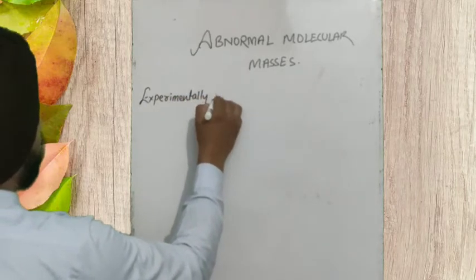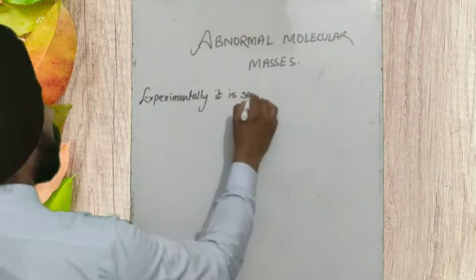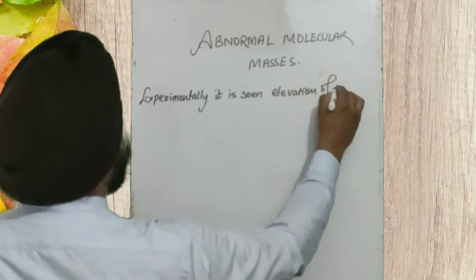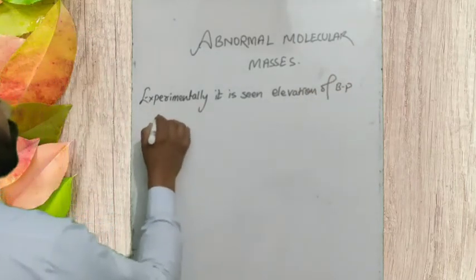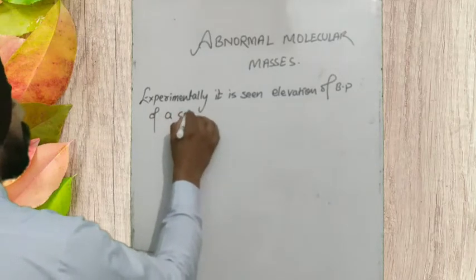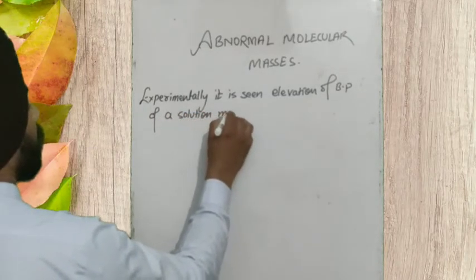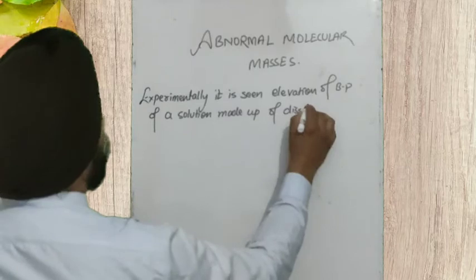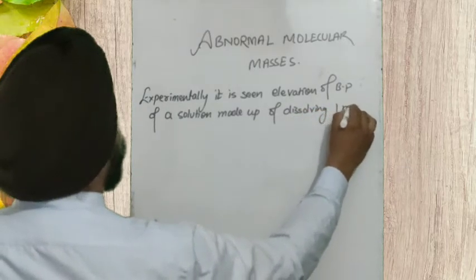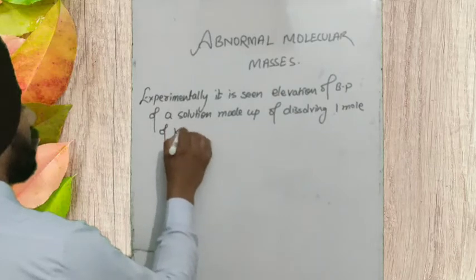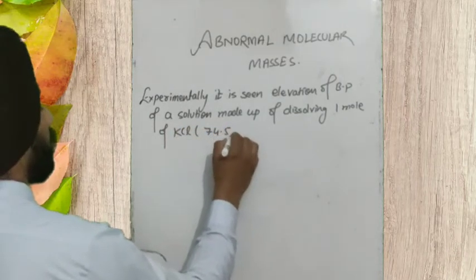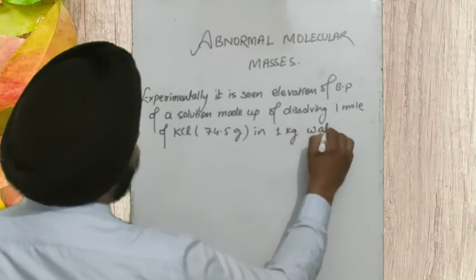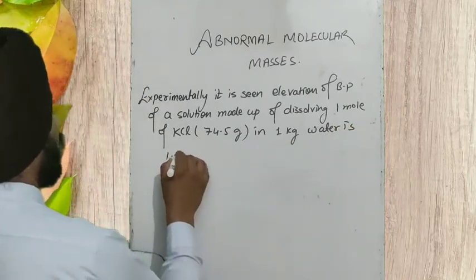Experimentally it is seen that the elevation of boiling point of a solution made up of dissolving 1 mole of KCl, 74.5 gram, in 1 kilogram water is 1.04 Kelvin.